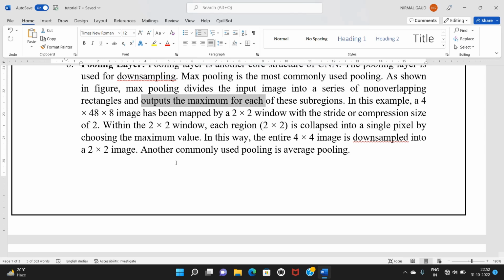If your image is in a particular matrix form, I have just collected one of the features from that matrix, which is a smaller matrix. This is how we collect a series of different frames or features from your original image. That means we have reduced the dimension.